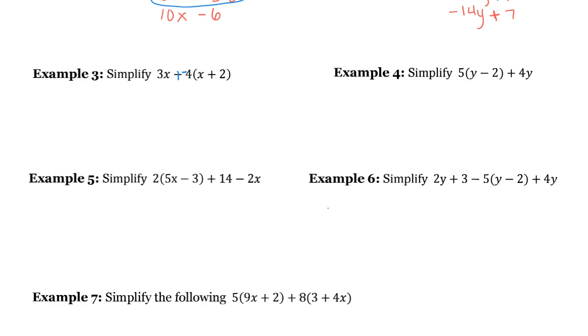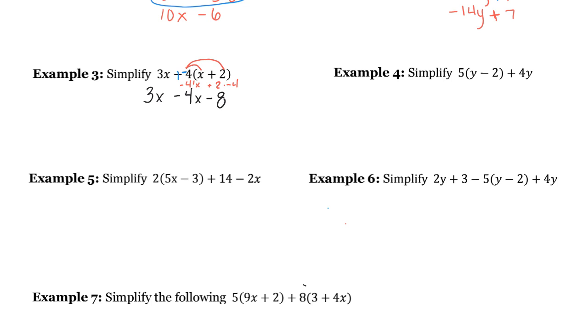Remember we can do keep, change, which makes this a negative 4 that you're distributing to both of those. When we distribute a negative 4, we get minus 4x minus 8, right? Because it's negative 4 times x plus 2 times negative 4, and that's how I got negative 8.